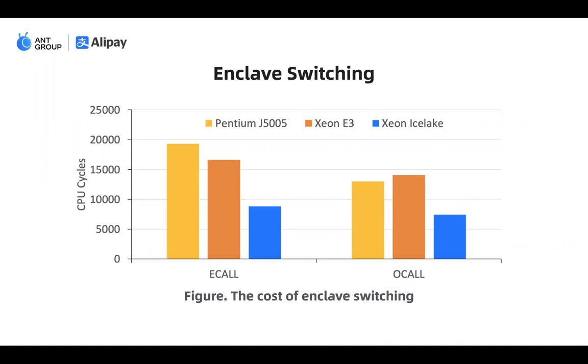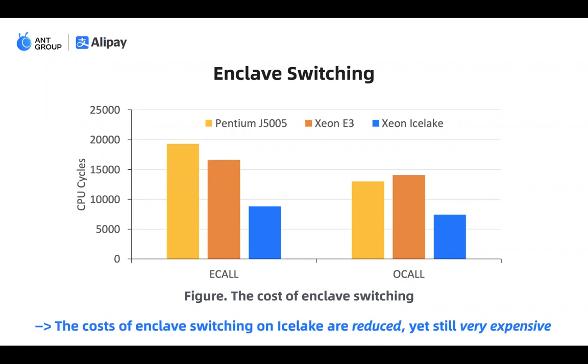As you can see, they are quite expensive. To put the numbers into perspective, the cost of a system call is around 100 CPU cycles. So enclave switching overhead is much greater than a normal system call. This is very expensive. But what we see on Xeon Ice Lake is that enclave switching did get some performance improvement, but the cost is still high.